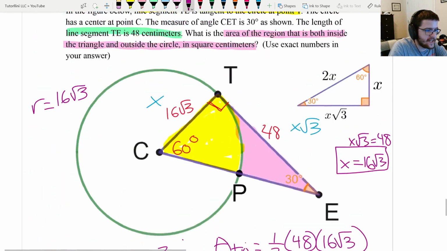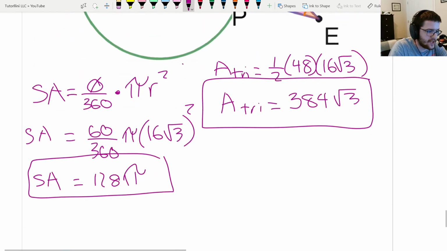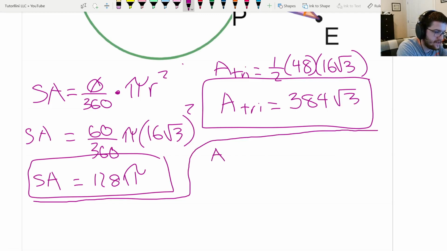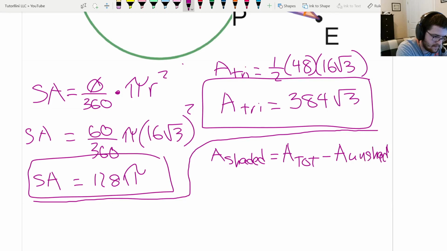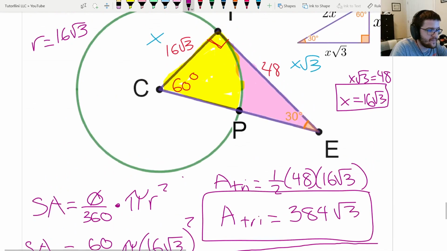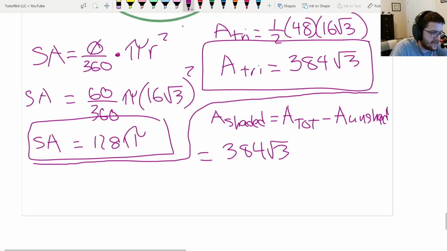So now to find the area of the shaded region that we care about, the area of the shaded region is equal to the total or encompassing area minus the area that's unshaded. So we're going to do the total area, which is the triangle, 384 root 3, minus the unshaded area, which we don't want, that is 128 pi.